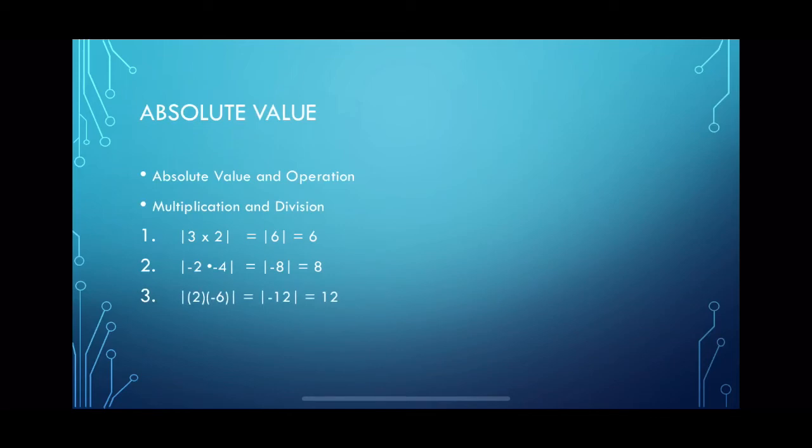So for number 3, absolute value of open and close parenthesis 2 multiplied by open and close parenthesis negative 6. Then, as we remember, if there is no operation between two numbers with open and close parenthesis, it will automatically become multiplication.